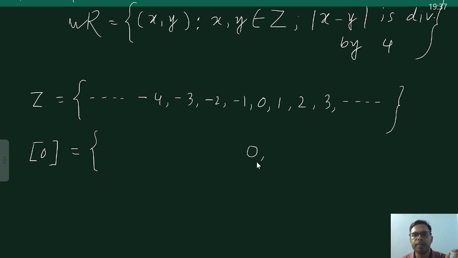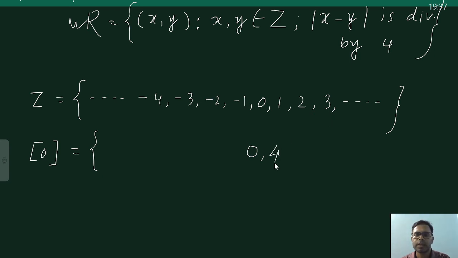So কাক আনিব পাৰিম? Obviously 0 will be there, because 0 minus 0 is divisible by 4. Then can we take 1? No, because 0 minus 1 is not divisible by 4. Can we take 2? Again no. Similarly we cannot take 3, but we can take 4, because 0 minus 4 is divisible by 4.